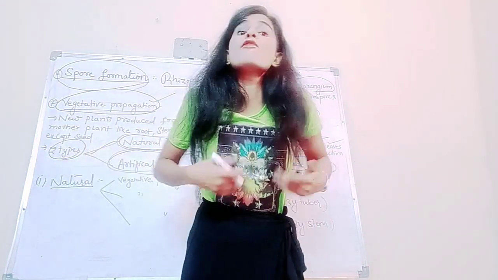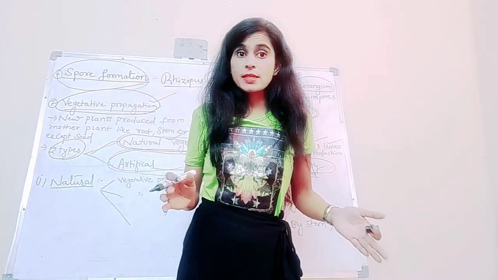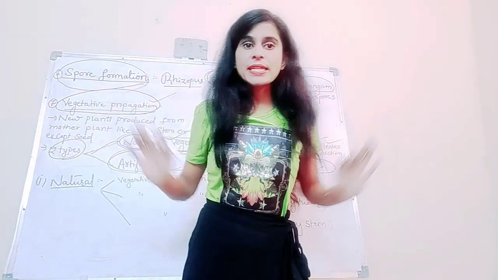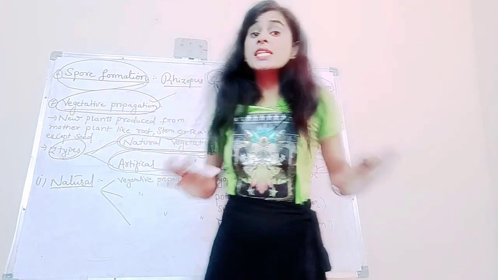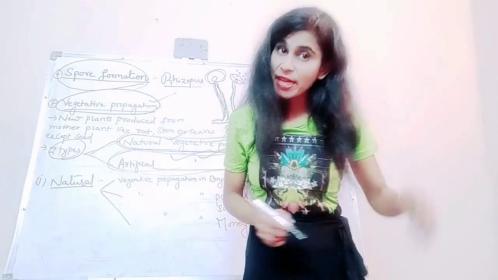Plant growers. They involve themselves in developing and producing new plants. Here man-made involvement is there, so it is called artificial vegetative propagation.